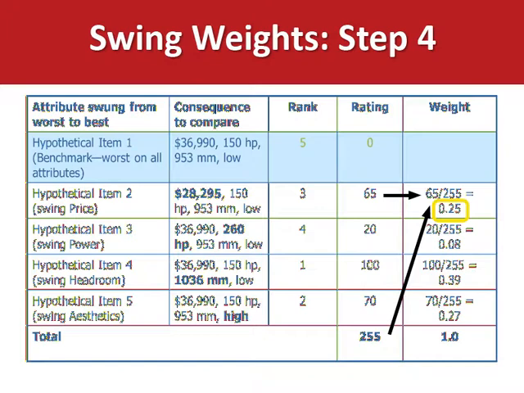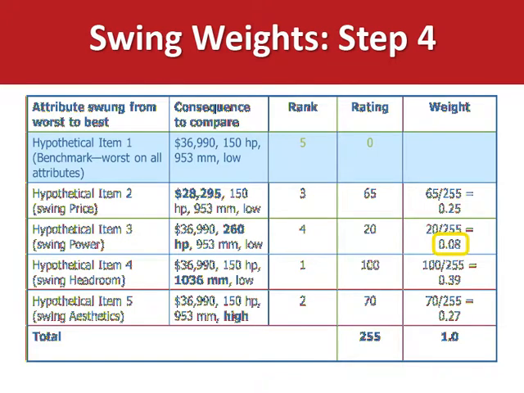But now that number can be interpreted as a weight. Because recall where that number came from, it was the strength of my preference as I swung from the benchmark item to an item that in this case was swung on price. So this suggests 0.25 is a measure of my strength of preference for price.